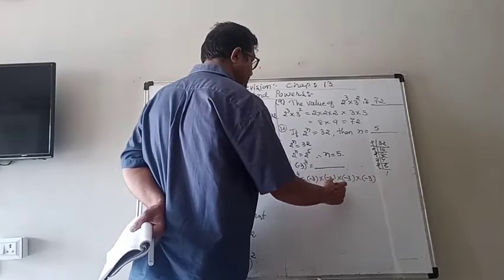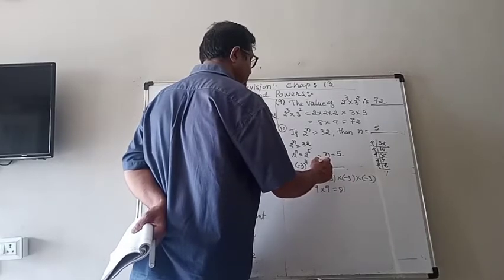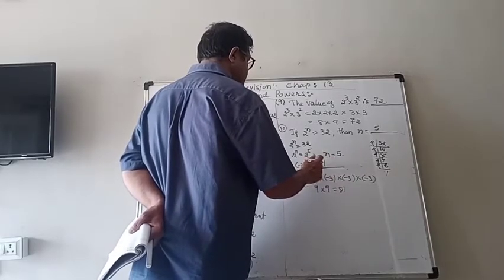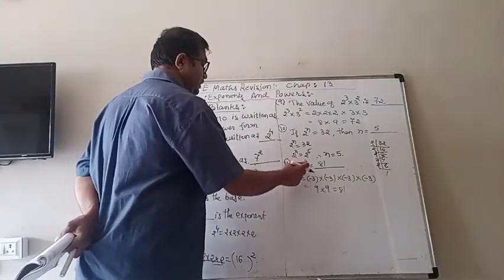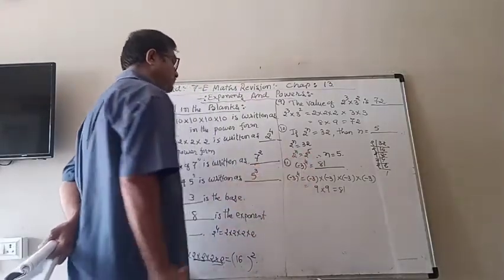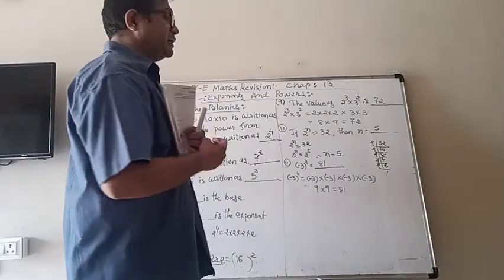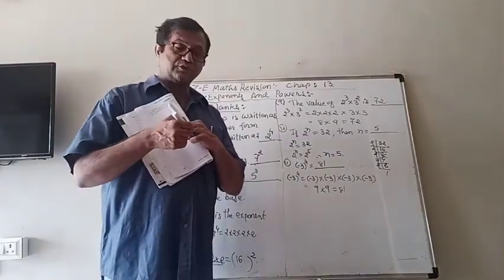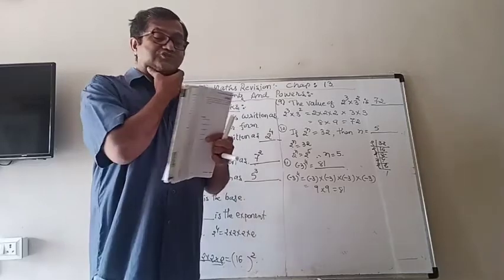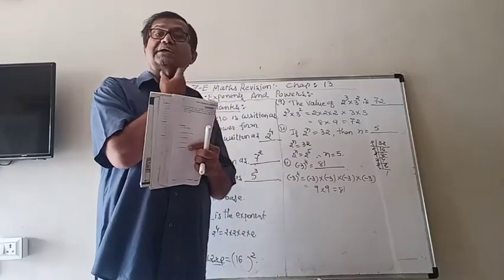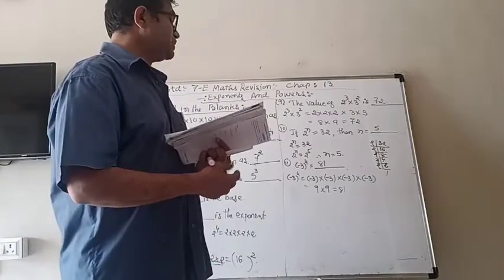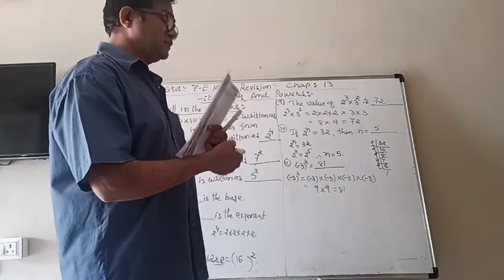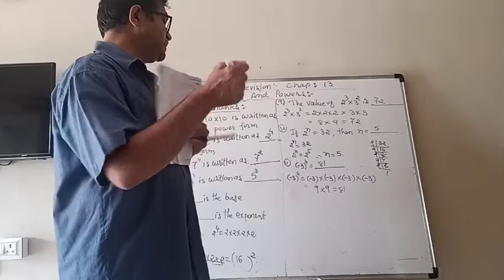So answer is 9 9s are 81. So here by mistake don't write down minus 81. Because when a negative number has an even power, then the answer will be positive, and if the power is odd, then only the answer can be negative. So we have to be very careful when the negative number is the base.